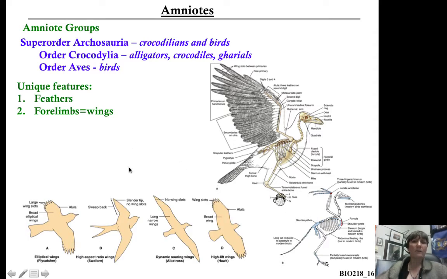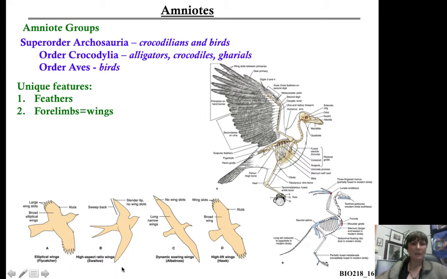You get several different kinds or classes of wings among birds depending on what kind of flight they're engaging in. These elliptical wings that you see here, which are characteristic of flycatchers and other species, are for when you're flying in strategically complicated areas like forests. They're having to maneuver quite quickly through many obstacles.